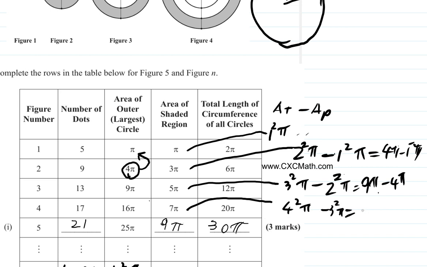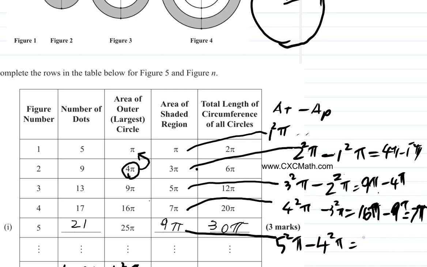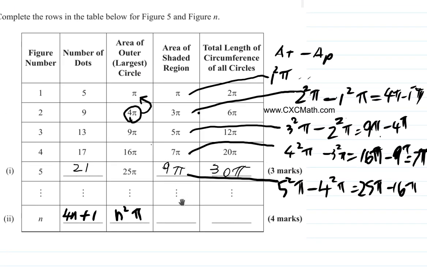Would have been 16 pi. 16 pi minus 9 pi to give you the 7 pi. Alright? You see that? And then for figure 5 you would have 5 squared pi minus 4 squared pi. That's 25 pi minus 16 pi to give you the 9 pi. You see that? So, what do you think n would be here?